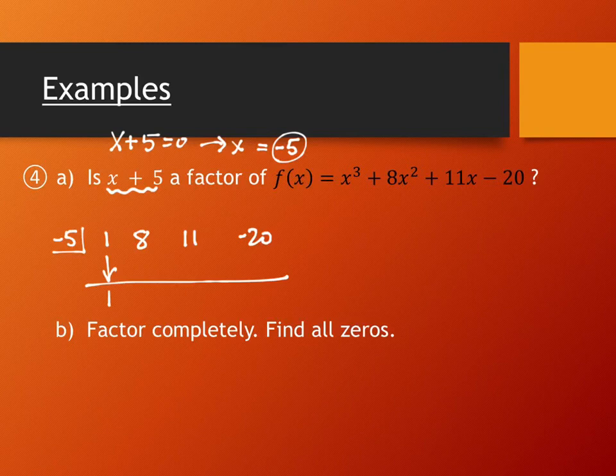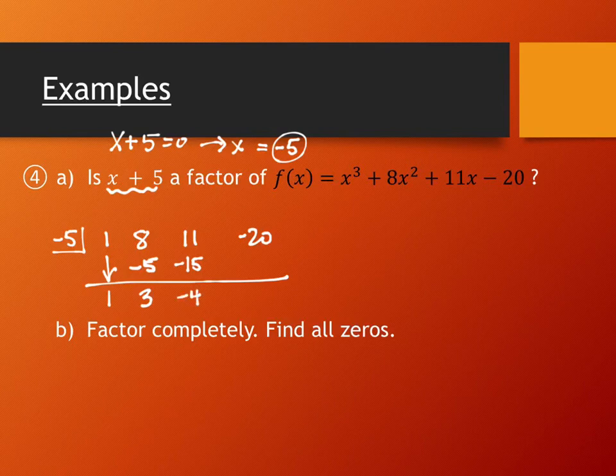Now what? Multiply, and I get negative 5. 8 minus 5? 3. 3 times negative 5? Negative 15. This one's giving me a little bigger numbers than I've worked with on the other one. That's okay. 11 minus 15? Negative 4.